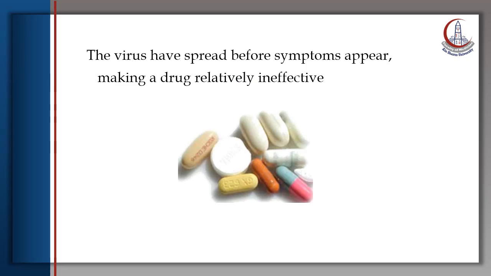Also, during the incubation period of the disease, many rounds of virus replication have occurred. So the virus has spread before even the symptoms appear, which makes the drug relatively ineffective.